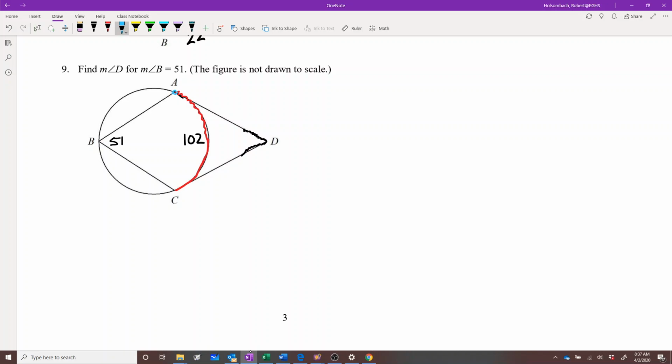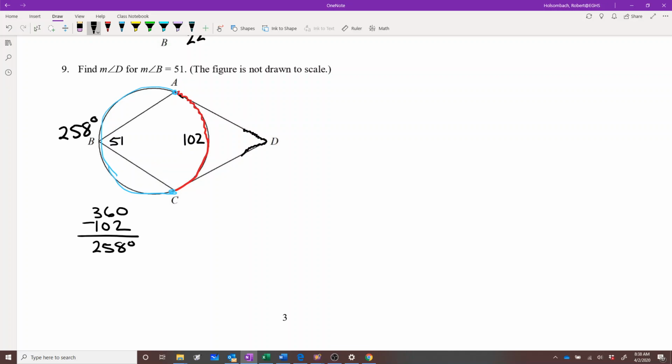This arc around the outside would be equal to 360 minus 102. So that arc is 258 degrees.